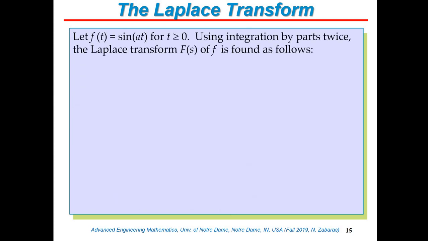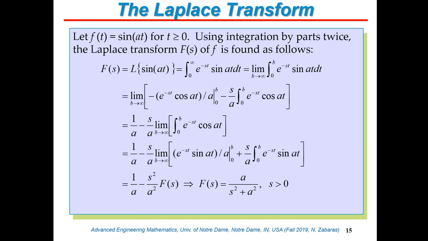All right, so let me evaluate now the Laplace transform of sine of at. The calculation looks a little bit lengthier, but you have to use integration by parts, so there is really nothing fancy that we need to spend time on here.